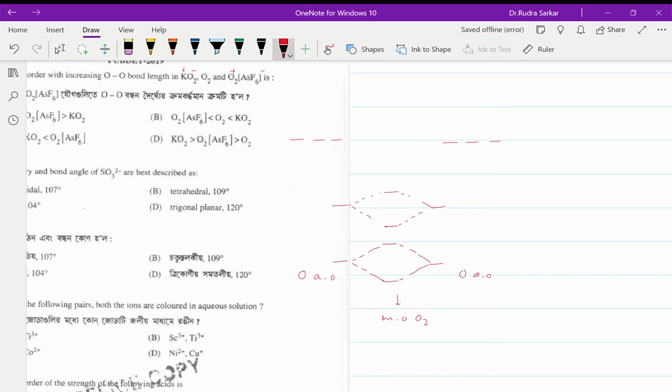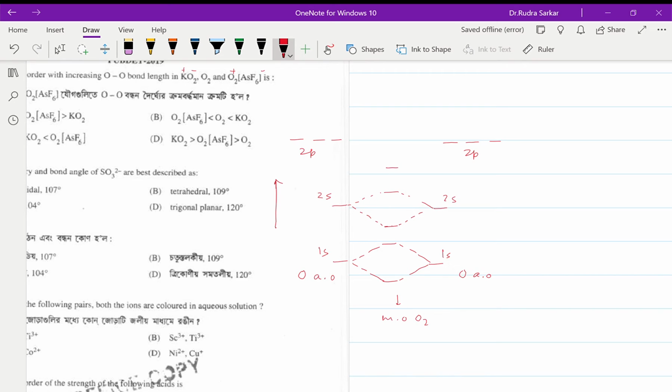So for 1s, this is for 2s. Okay, and this is the 2p. This is the energy of the atomic orbitals, and so is the energy of the molecular orbitals.